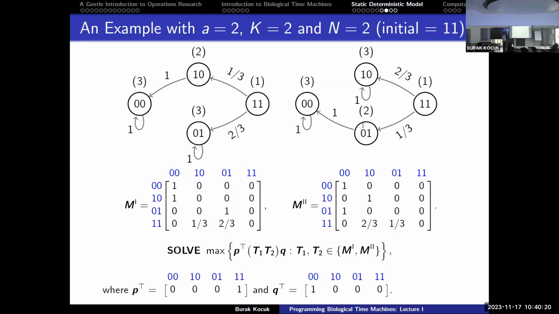So this is how it works. Question: so I can use these 2 matrices as a mix? I can use the first one and then the first one again, or the second one. Yes, exactly. So that's why there are 4 choices here: 1, 1; 1, 2; 2, 1; and 2, 2.